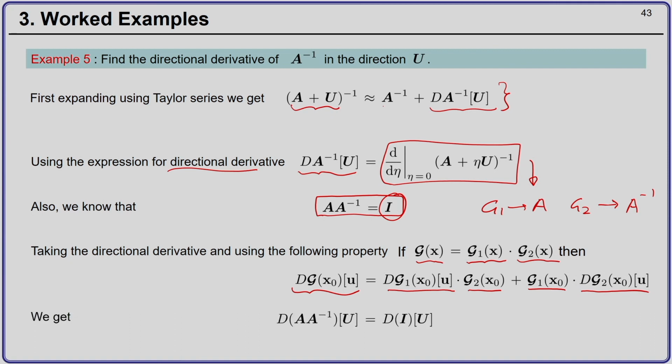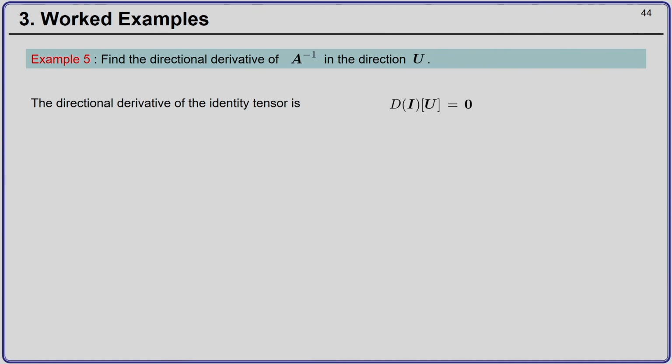So, what we do? We take the directional derivative on both sides of this equation in the direction u. So, we have the directional derivative of A times A inverse in the direction u is equal to the directional derivative of I in the direction u. Now, the directional derivative of the identity tensor is the second order 0 tensor, because I is a constant tensor.